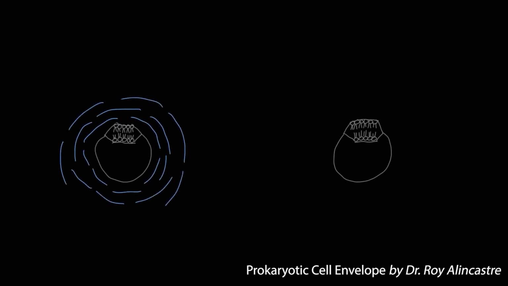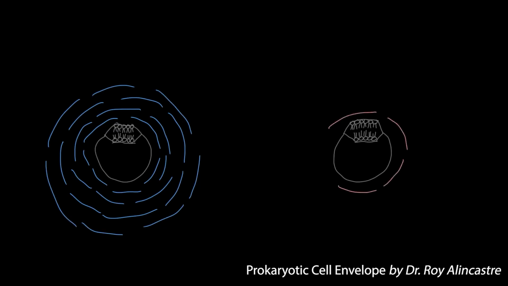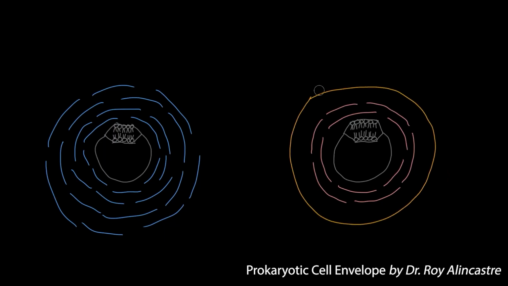But one cell has a very thick bacterial cell wall outside the cytoplasmic membrane with up to around 40 sheets or levels of peptidoglycan. But the other kind of cell, however, has a very thin peptidoglycan layer, usually around 1 to 2 sheets only. But this kind, although it has a thinner cell wall, it has another extra bilipid bilayer outside the cell wall.